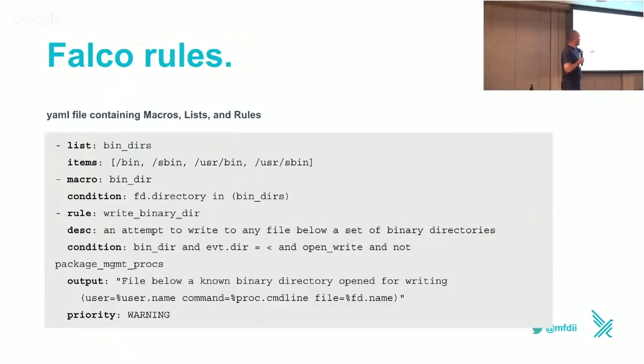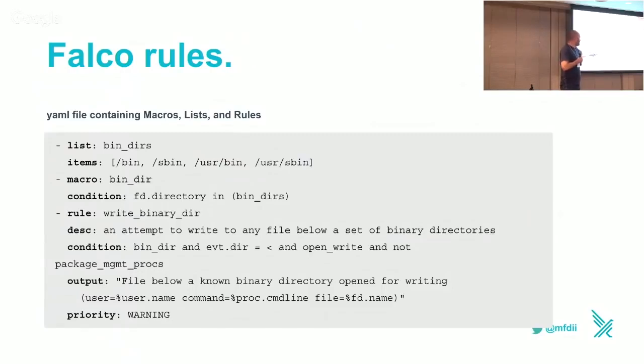Basically it's saying the directory for the event is within this list of bin, sbin, user bin, and user sbin, okay? And then we create the rule itself. The rule has a name, a description, and then the condition. So the event is doing something in a binary directory that we've defined up here.